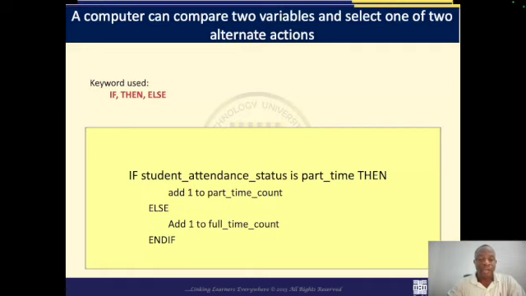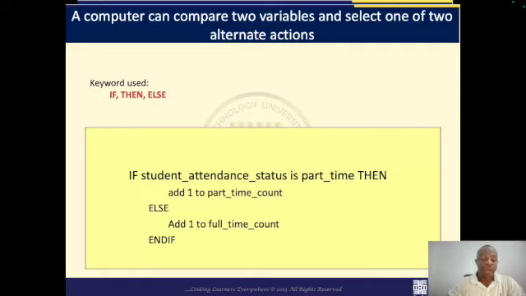If student attendance is part-time, then if it is part-time, what do we want to do? We want to take one action, and in this example we are saying add 1 to part-time count. Else, that means if the condition we gave above, what is the condition? The condition is to compare student attendance status to part-time and see if they are the same. If they are not the same, what should you do? Then we give it an alternate action: add 1 to full-time count.